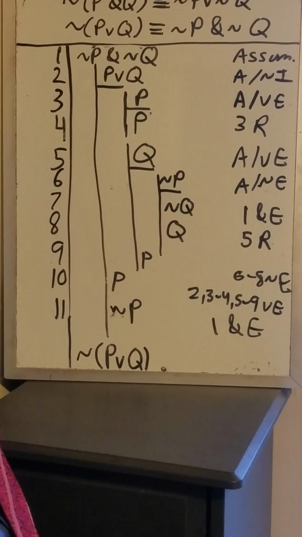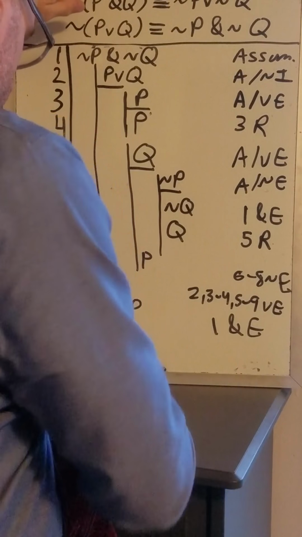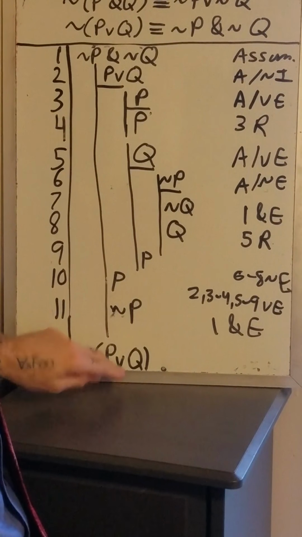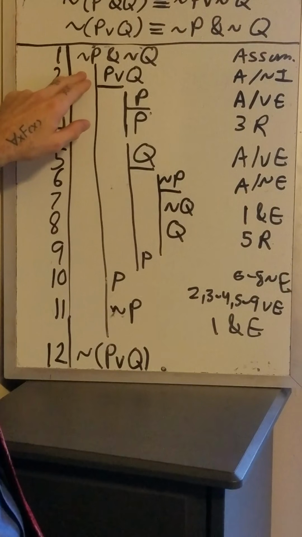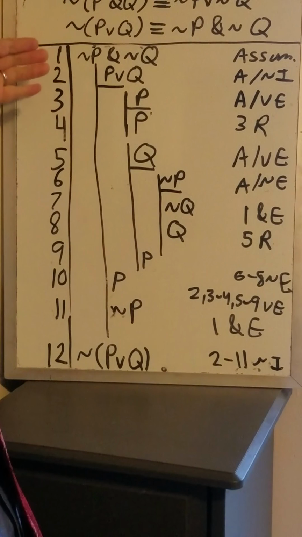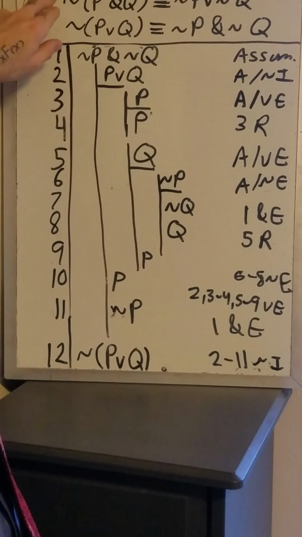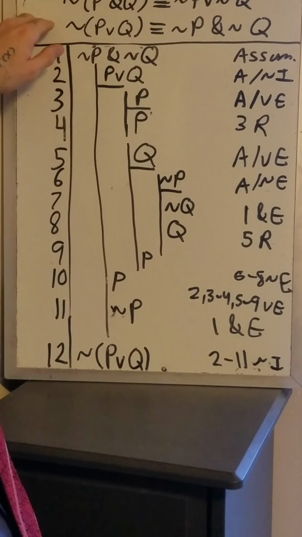It gets us P and not P. And we can close this out and we can conclude not P or Q by negation introduction, lines 2 through 11. So there you go. That was actually quite a challenging derivation, but that establishes both of De Morgan's laws.